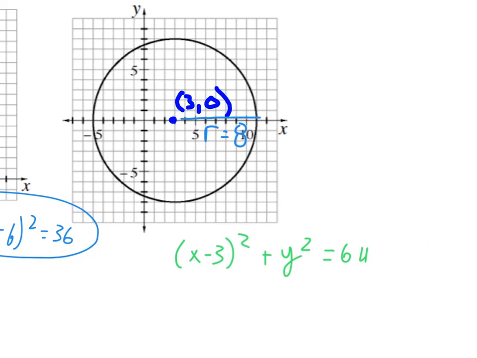And likewise on the second one, I got x minus 3 quantity squared, as the x coordinate of the center of my circle is 3. The y coordinate is 0, so I can just write y squared. Again, if you wrote y minus 0 squared, that's okay too. And then the radius was 8, the distance from the center of the circle to the edge of the circle. And so 8 squared is 64.